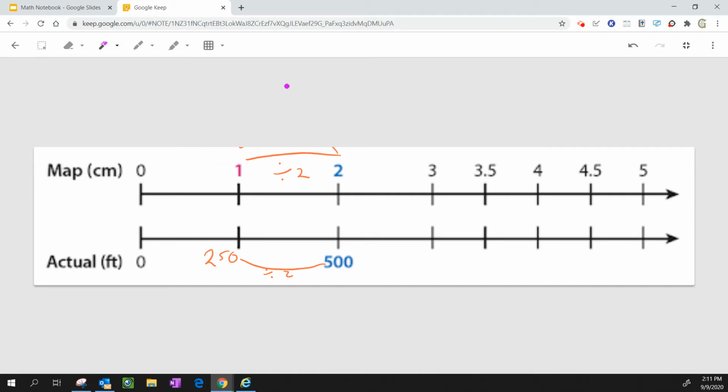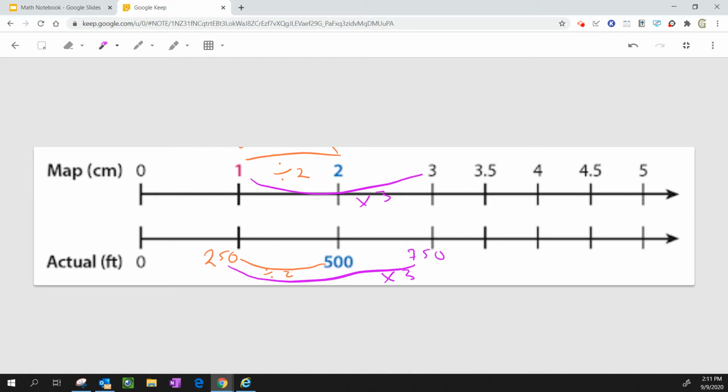So now I know that 1 to get to 3 is going to be times 3. So 250 to get over here is going to have to be times 3. So I keep that same relationship. And so I could type 250 times 3 into my calculator if you don't know what that is. And my answer is going to be 750. Okay?